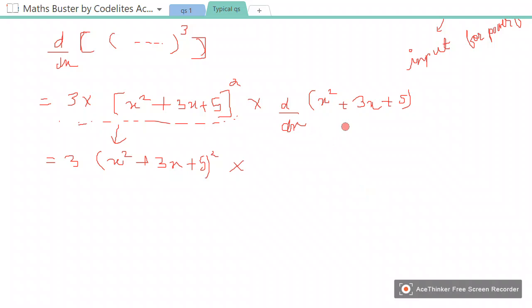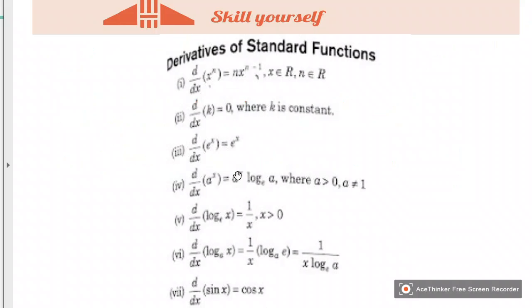Now you are differentiating this. This is your polynomial. Again, we can write this as u, this as v, this as w. So simply we can take each term's derivative, u, v and w separately, and we can add them. Derivative of x square: yes, 2 will come down, x raised to 2 minus 1, 2x. Derivative of 3x, a constant into a variable.